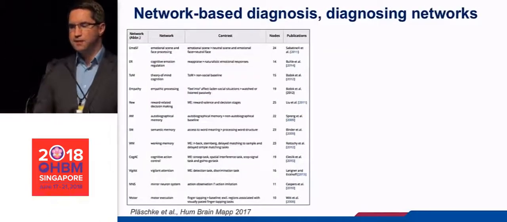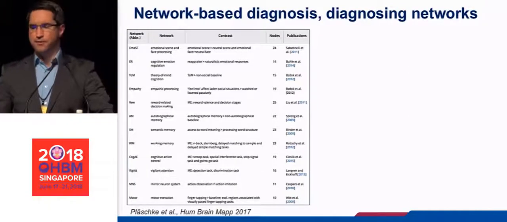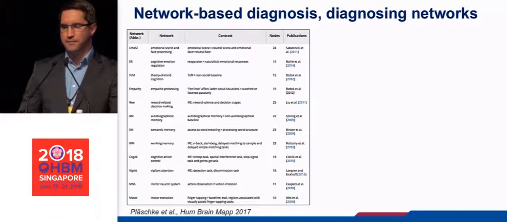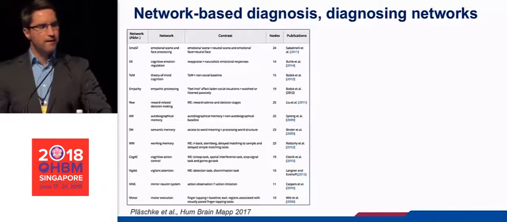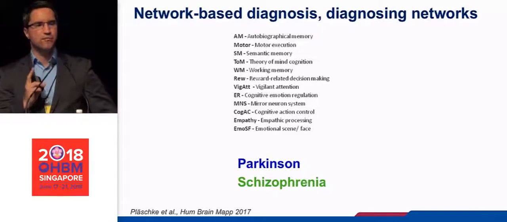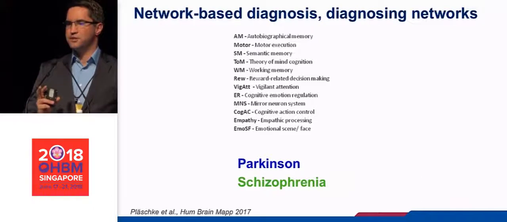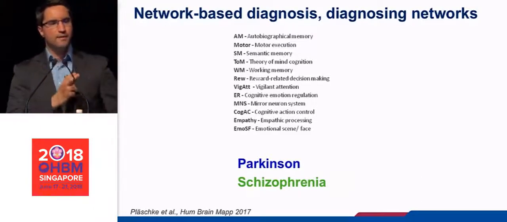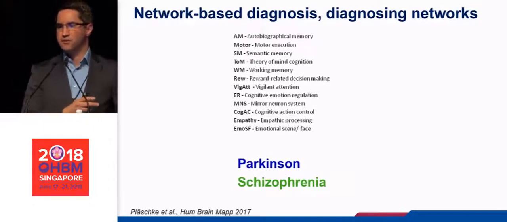As a proof of concept, we looked at a whole array of different networks: emotion processing, theory of mind, empathy, reward, memory, cognitive action control, and so on. We looked at how well each of these networks classifies Parkinson patients from matched healthy controls, and how well each network classifies schizophrenia patients from healthy controls.